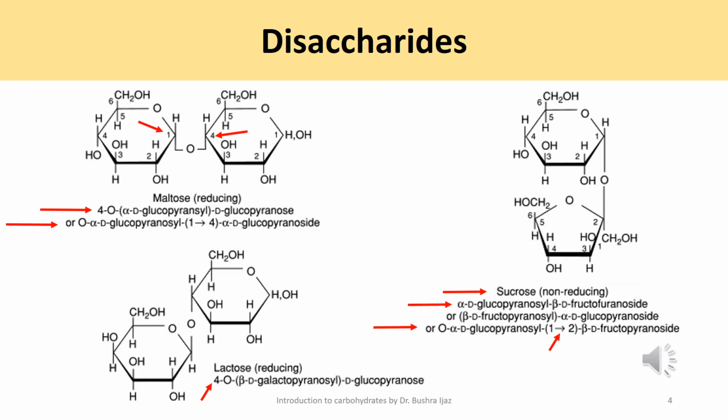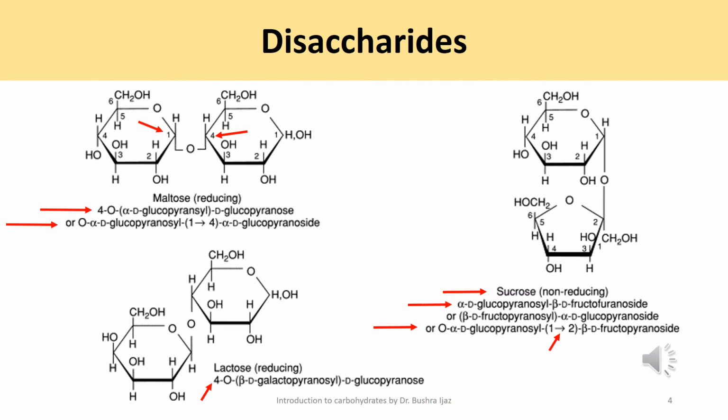The disaccharide maltose, as you can see in this figure, contains two D-glucose residues joined by a glycosidic linkage between carbon number 1, which is the anomeric carbon of one glucose residue, and carbon number 4 of the other residue, which you can see marked with the red arrow.